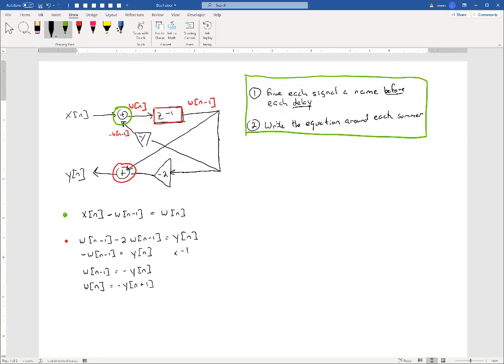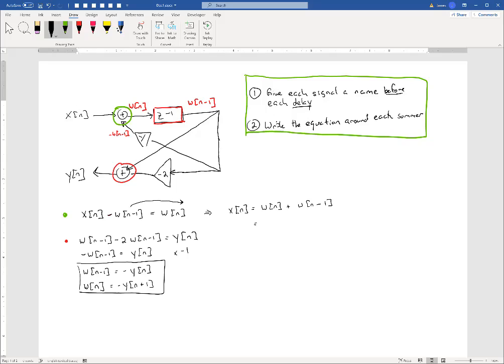So now we've got this. So now we've got our 2 values for W, and we can put them right in here. So this gives us now X of n equals our W of n plus our W of n minus 1, moving this guy off to the right.